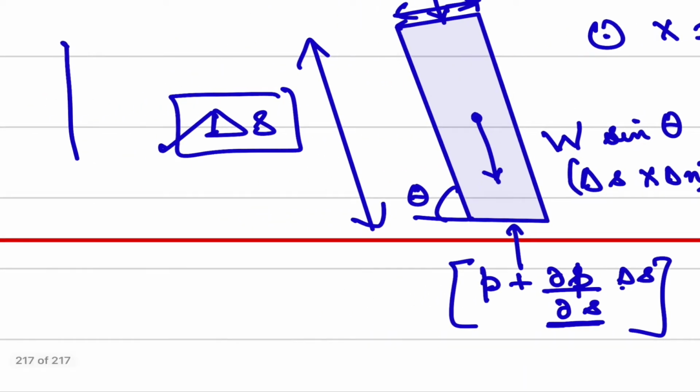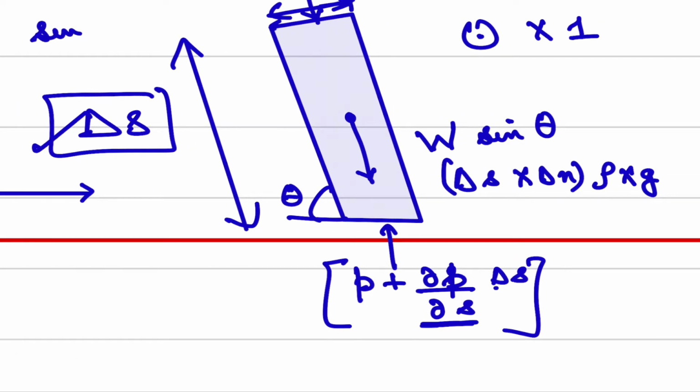And if we consider our Z direction to be positive upwards, we can clearly see that our sine theta is going to be the rate of change of Z with respect to S, in the direction of S, and if the drop in Z is from Z1 to Z2, it is definitely going to be negative, and that's where sine theta is already taken care of with a negative sign.